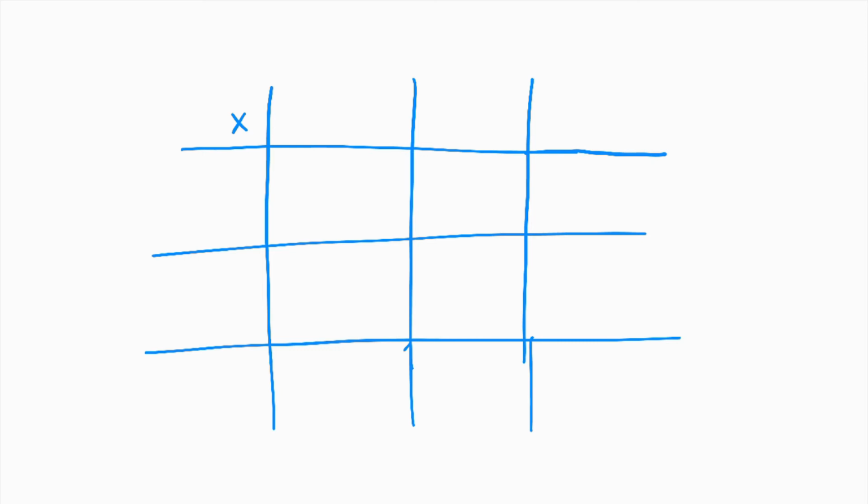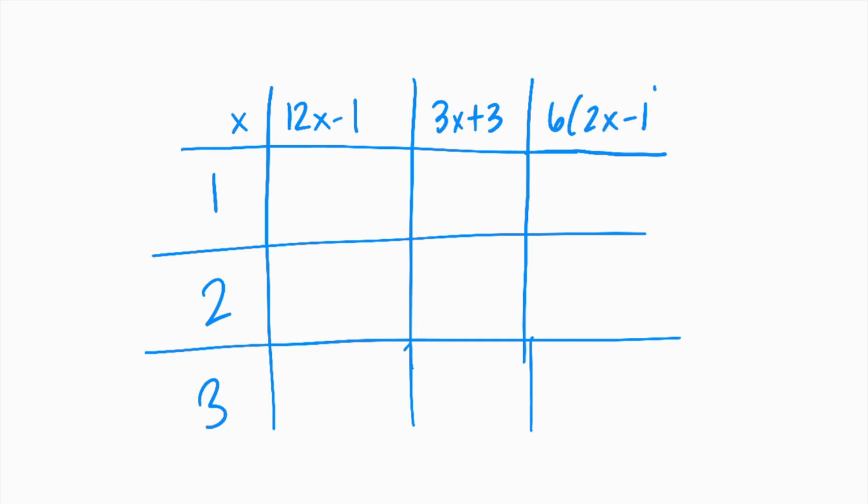Okay, and then our x values are 1, 2, and 3, and then we have some problems like 12x minus 6, 6 times the quantity of 2x minus 1, and 6 times the quantity, oops, that was the last one. Let me get that out of there. Okay, the middle one is 3x plus 3, and then 6 times the quantity of 2x minus 1.